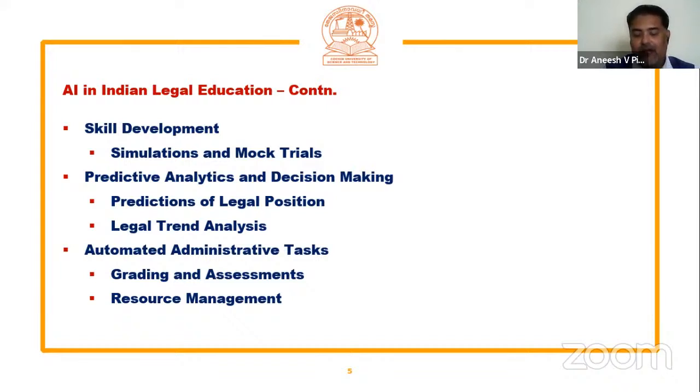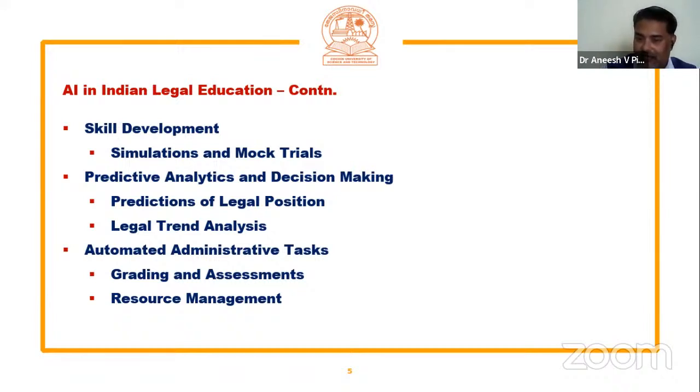Now, when you want to evaluate an answer sheet, what we generally do is simply read it and correct it. Now, AI has the potential to evaluate your answer sheet. Suppose you have 100 or 150 answer sheets with you, within 1 minute, 2 minutes, or 3 minutes, you will be able to grade those answer sheets with the help of AI. So likewise, administrative tasks can also be reduced.